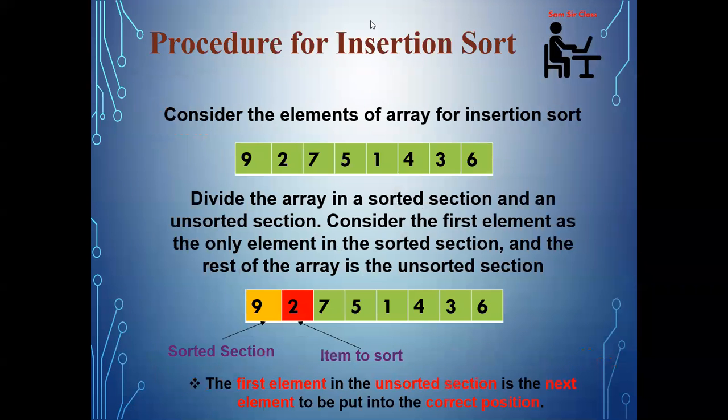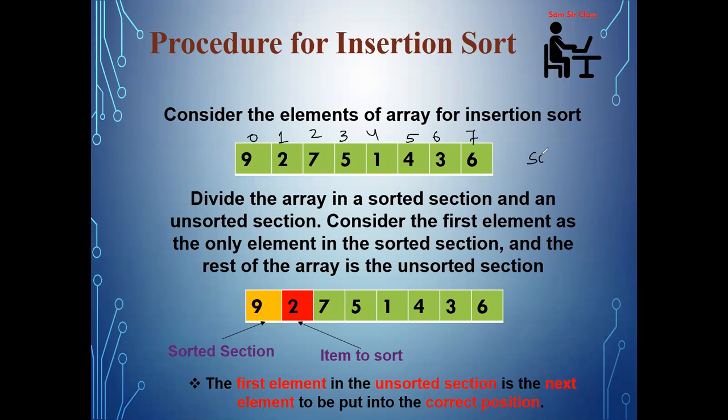Now consider this is a random array. All the elements are present from the 0th index, and there are a total of 8 elements. You have to divide the entire array into two sections, like selection sort.